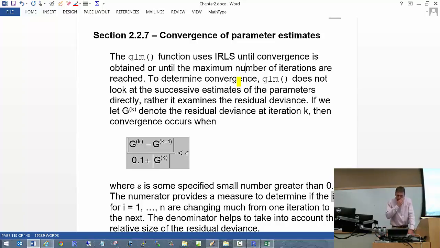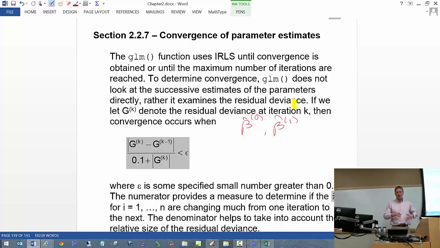Okay, so when I originally introduced the idea of these numerical iterative methods, what we were basically doing was looking at, let's say, iteration 0, or you could say, coming up with some kind of initial estimates of the betas. And let's say that we just have one explanatory variable in our model.